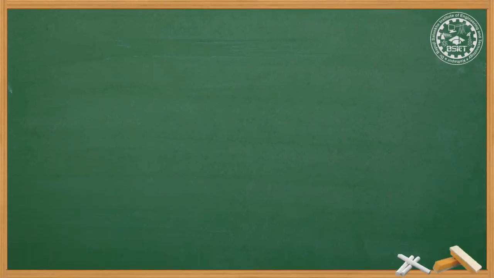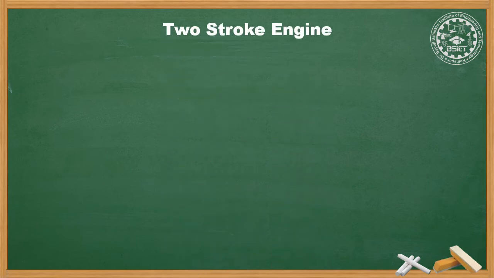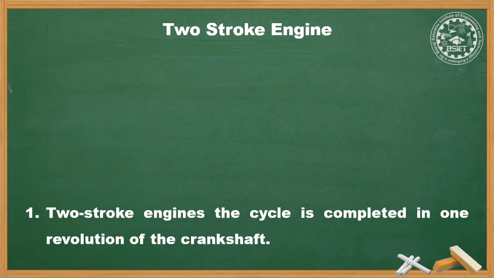Next point is the two-stroke engine. A two-stroke engine performs only two strokes to complete one cycle. In a four-stroke cycle, the power is obtained only once in two revolutions of the crankshaft. Therefore, more attention was paid to obtaining power once in every revolution of the crankshaft, and this led to the development of the two-stroke engine.